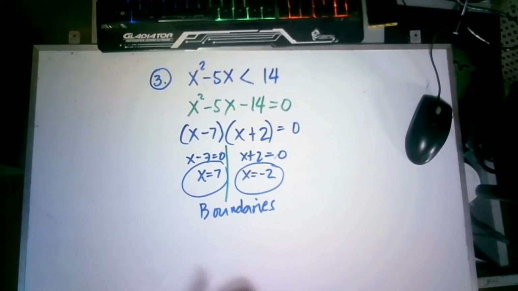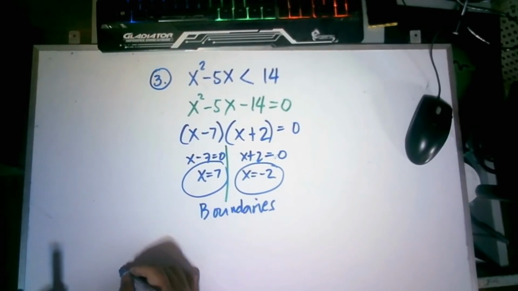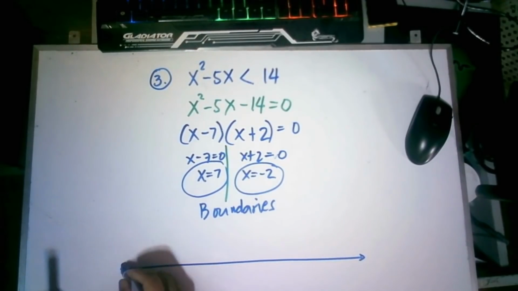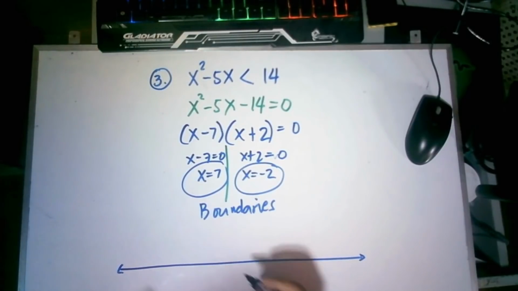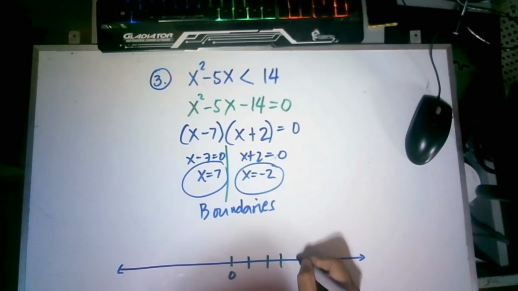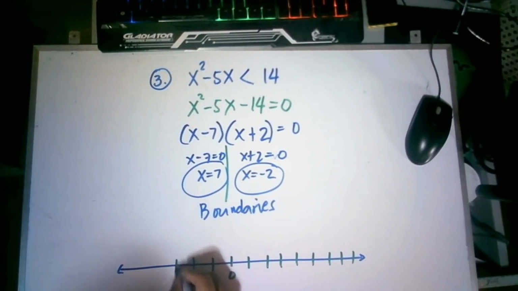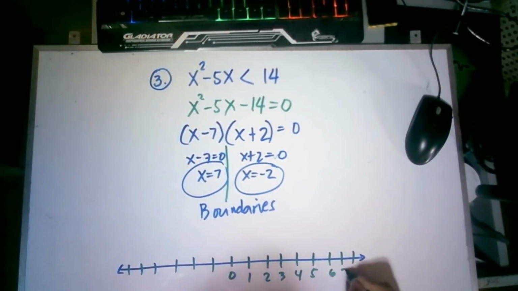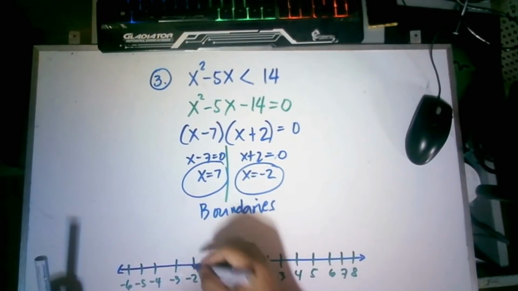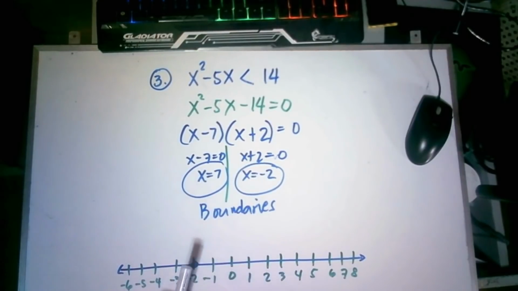Kung ato siyang ibuhatan og line graph rather, makita na to diri nga 0, this will become 1, 2, 3, 4, 5, 6, 7, 8. Negative 1, negative 2, negative 3, negative 4, negative 5, negative 6. So kung ato tanawon ni siya, makita ato nga ang boundary is negative 2, nigamit ko open circle.